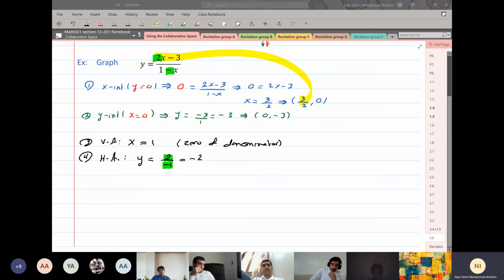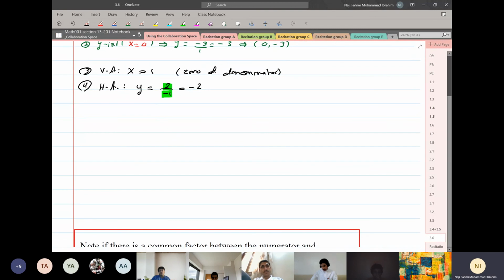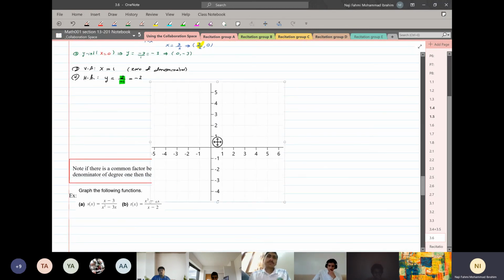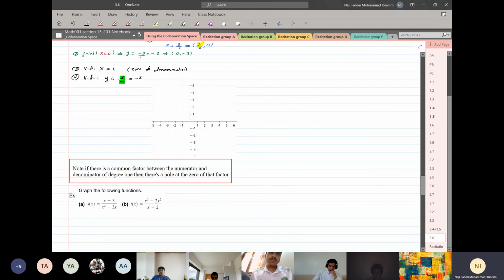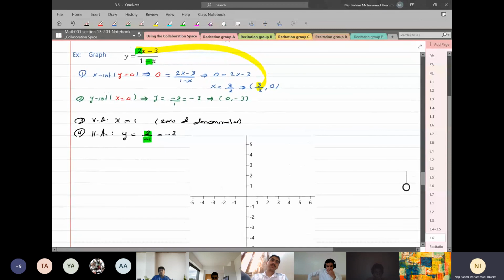Again, let me just bring the graph so that we can start plotting. Okay, we have y equal -2 and the vertical is x equal 1. Let me bring it here. This is our graph now. Let's start putting the things that we have found.